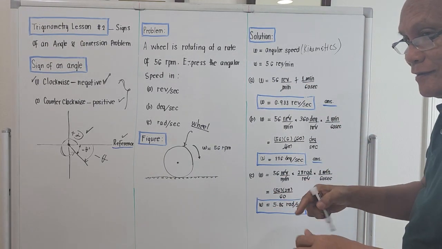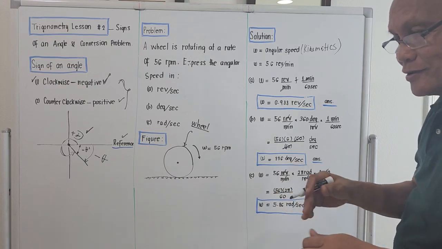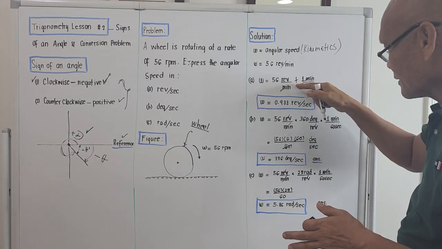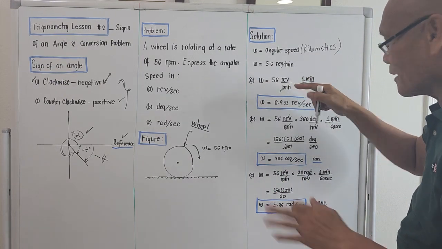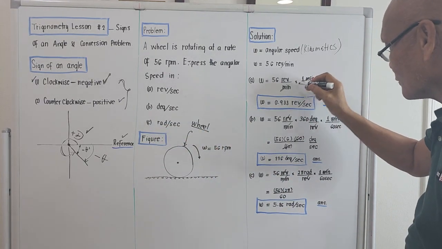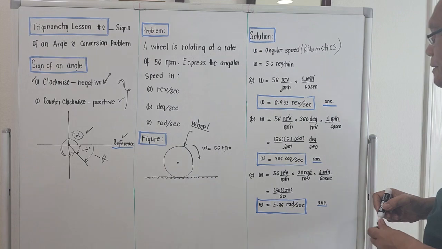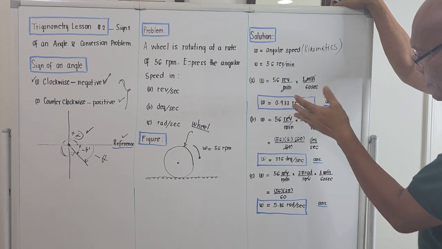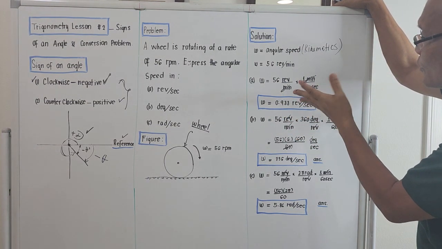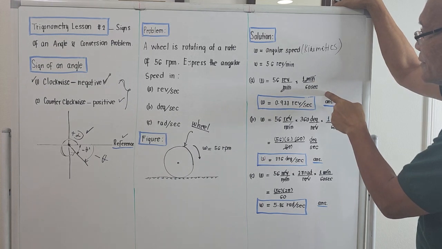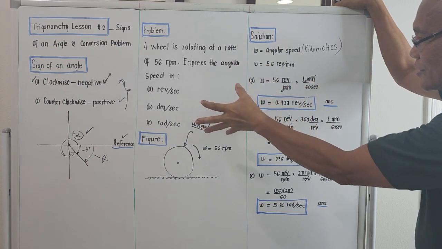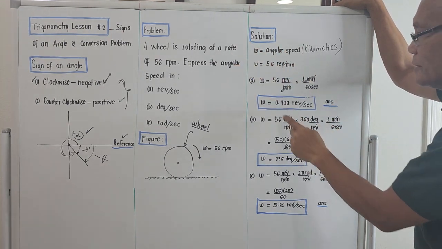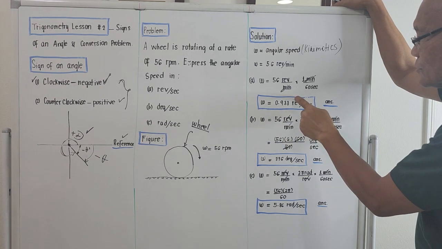That's why some creators on these short videos are complaining that they are canceling something, but there's a plus sign over here and they try to cancel it. That's why I emphasize here, the operation is multiplication, so actually we could cancel this one. Right? So after the cancellation of minute in minute, what comes out for the unit, just take a look at what remains. It's revolutions per second, right? So to bring out the answer now in terms of revolutions per second, we divide 56 by 60. That's less than 1. It's 0.933 revolutions per second.